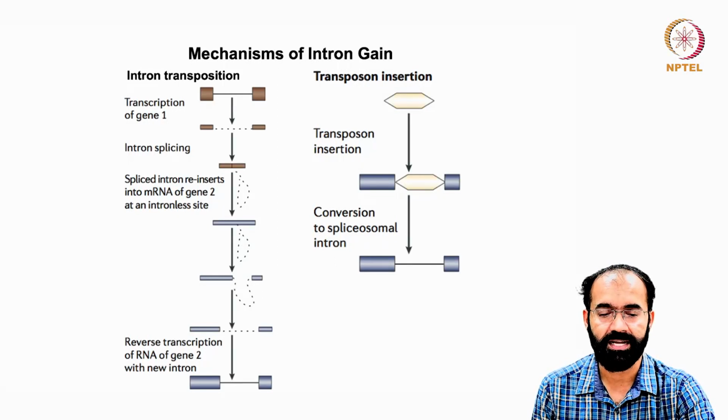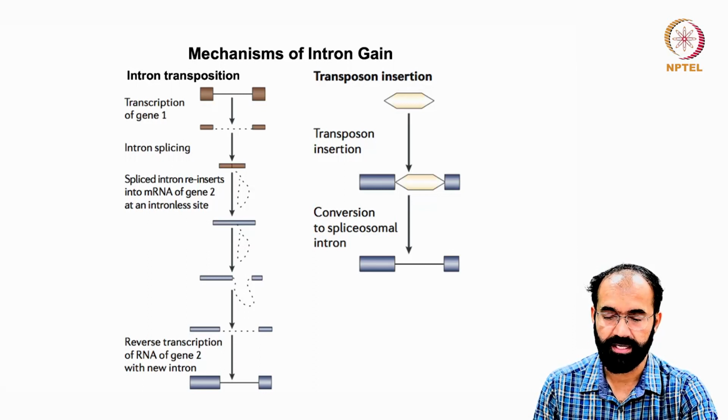So we should understand that intron gain and intron loss are very much possible spontaneously. Spontaneously means via recombination, but it takes thousands of years.